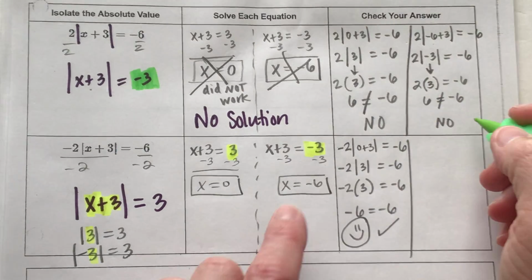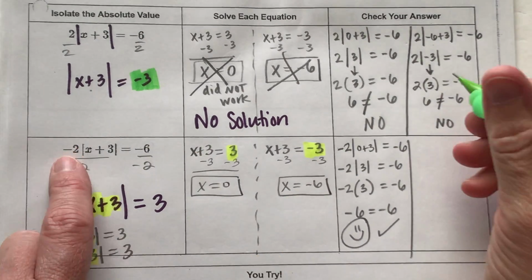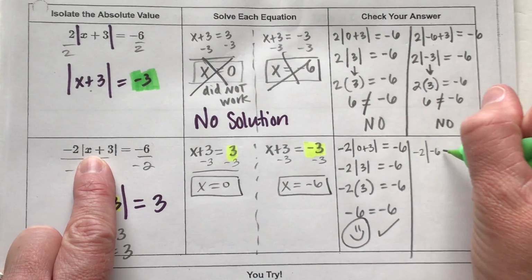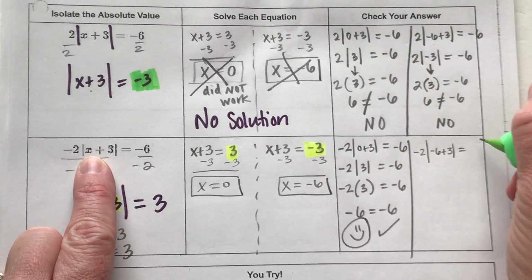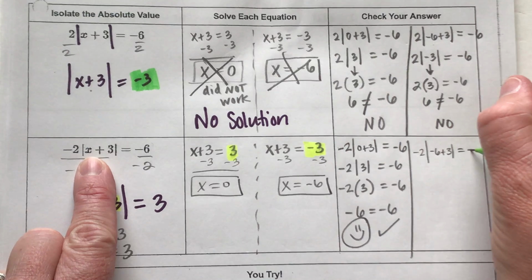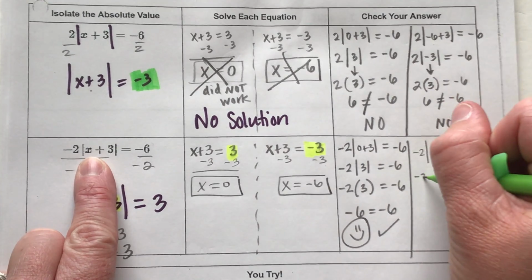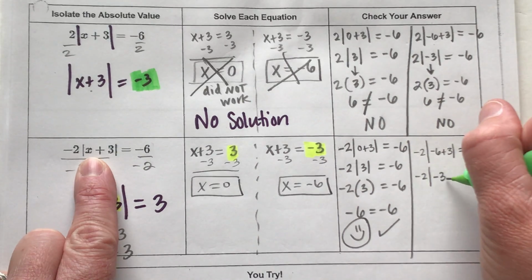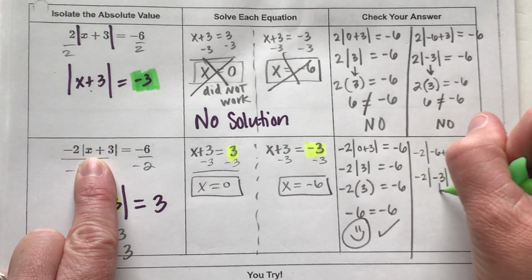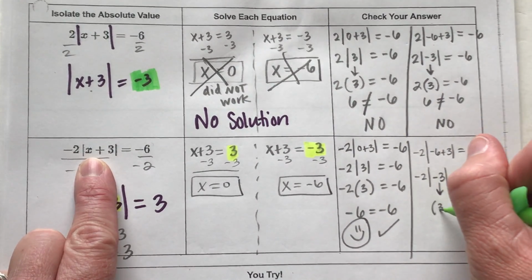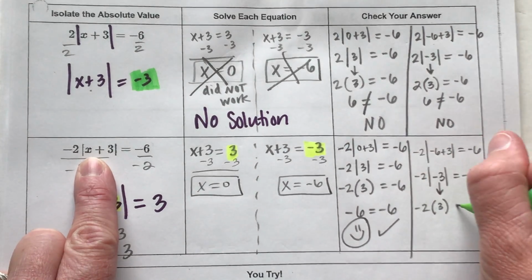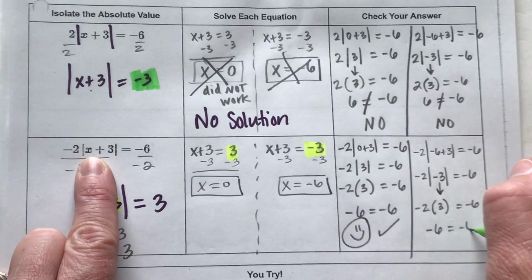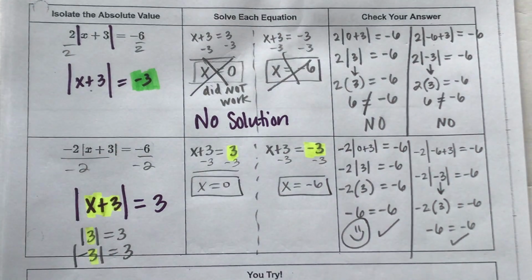And now again, if I plug in negative 6 for x, will I get that equal to negative 6? Well, negative 6 plus 3 is negative 3. And the absolute value of anything always pops out positive. And negative 2 times 3 is negative 6. Beautiful.